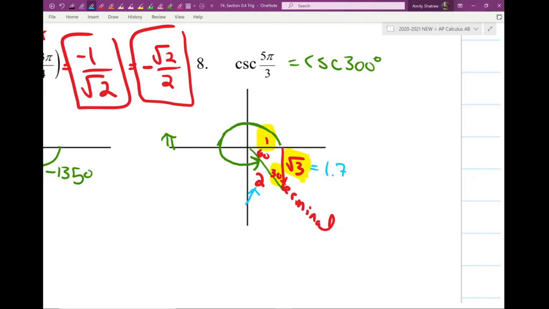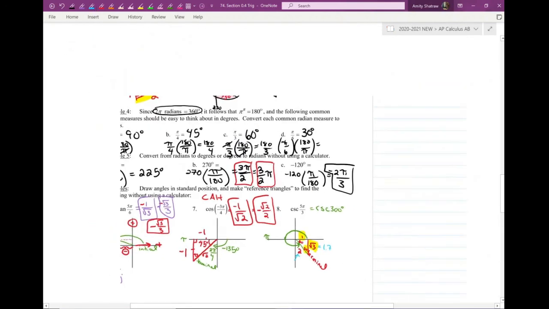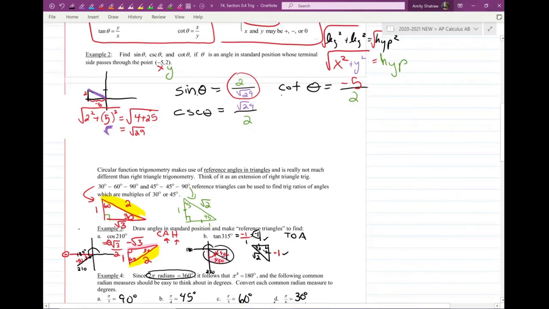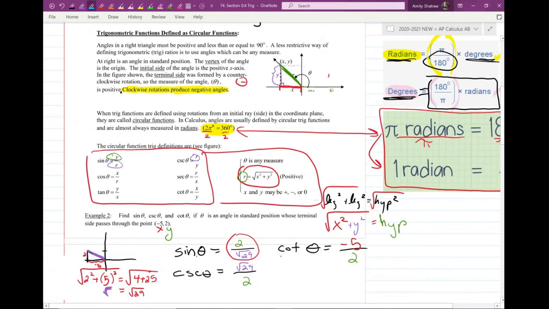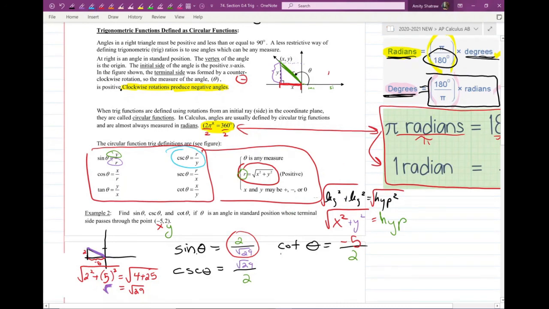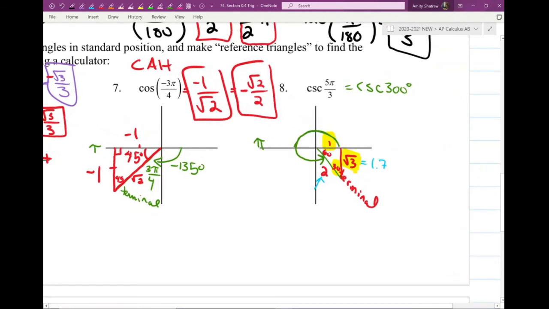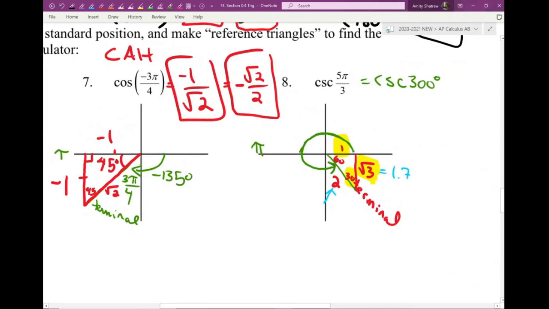Now, for cosecant then, what is it that I'm looking for? Cosecant, remember, is, where are we? Cosecant, all the way up here to the top. Cosecant is going to be r over y, which is, here we go, using that particular formula, r over y.